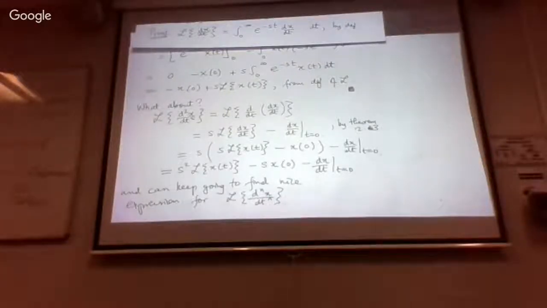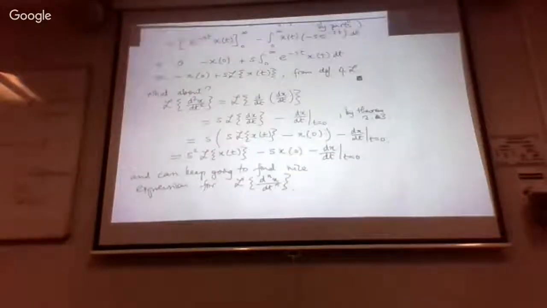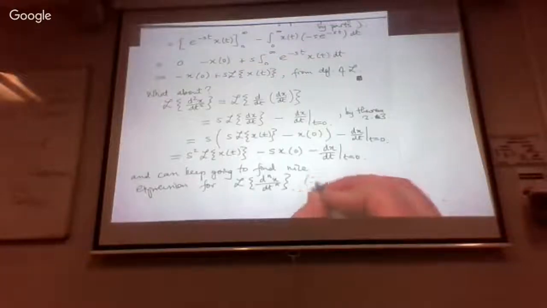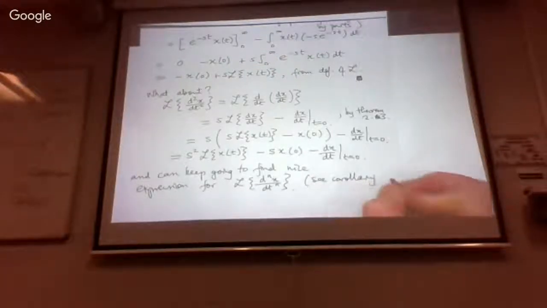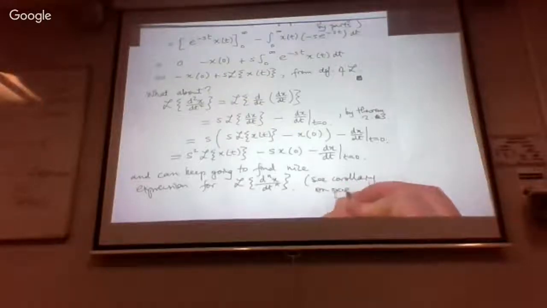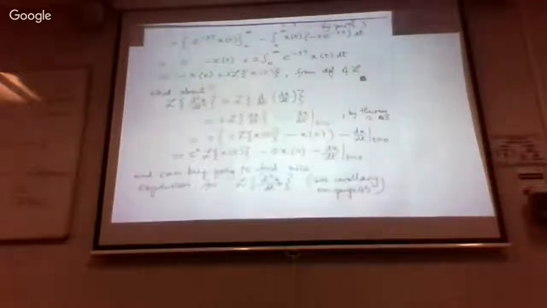And typically, we'll only need ones for the first, second, and maybe third derivative, because for most applications, those are the kind of derivatives that you encounter in the differential equations. But see the corollary on page 45 for that. That corollary is just proved by using induction and theorem 2.3.